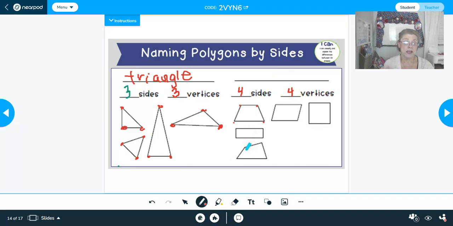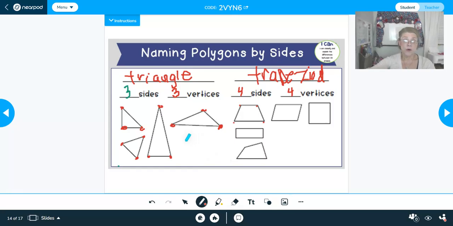Parallel is where one side would not meet at all. I think this one might take us out though. I'm just going to put trapezoid here. Trapezoid. Trapezoid. All right.